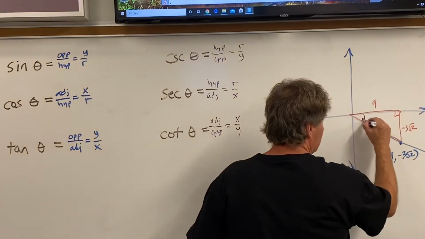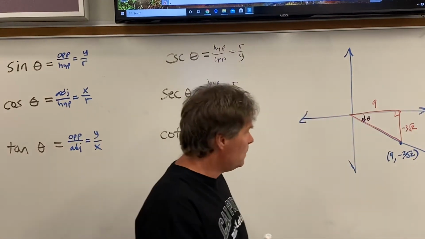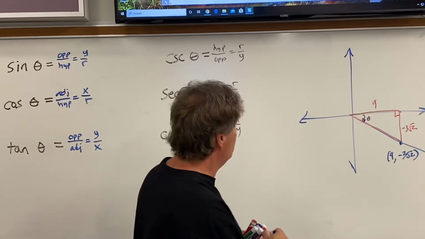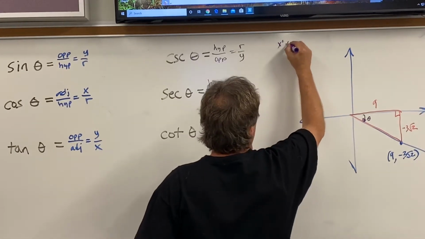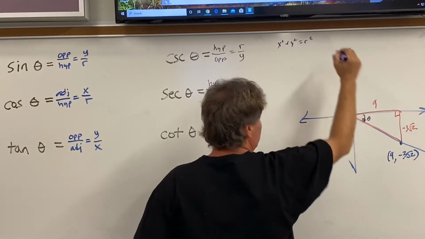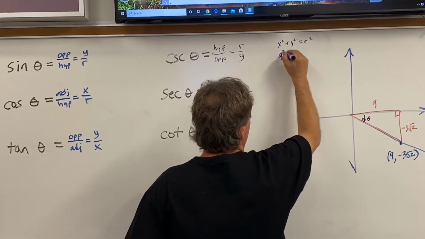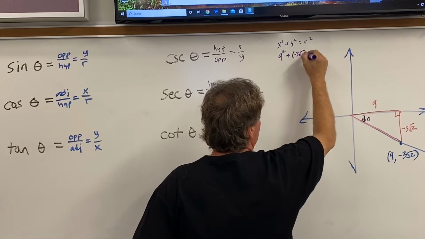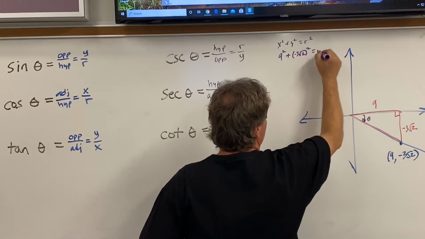This will be theta now. Okay, so let's figure out the r. x squared plus y squared is r squared. So x squared is 9 squared plus y squared is -3 root 2 squared is r squared.